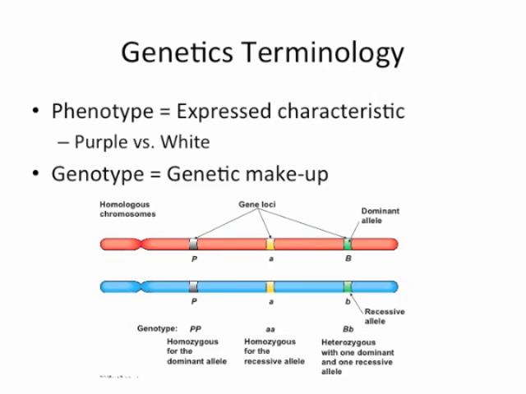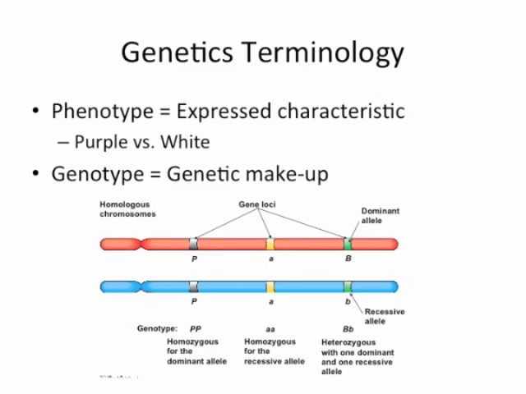So there is a gene in flowers that codes for flower color, and it has more than one version. It has a purple version, and it has a white version.